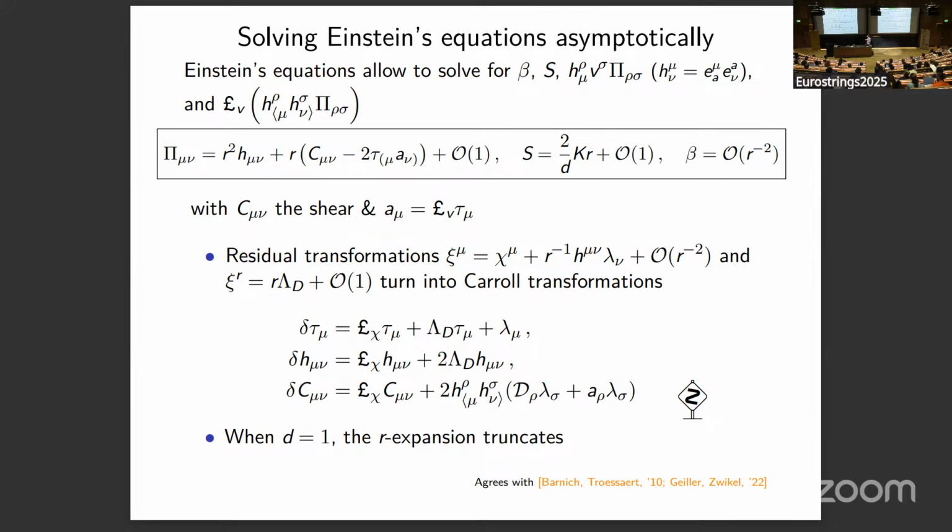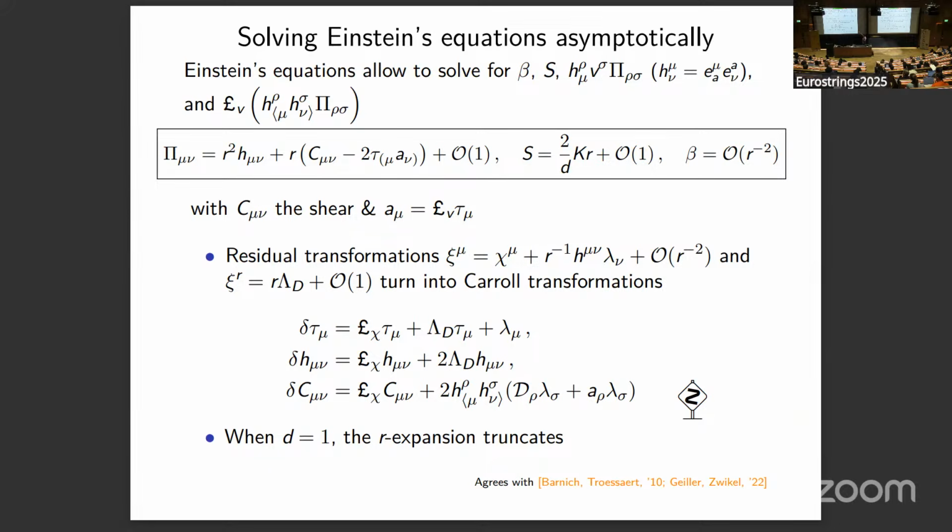But we'll get there. The last thing on this slide is just an explicit identification of the residual transformations with the Carrollian symmetries I showed you on the first slide. So the residual diffeomorphisms look like this, where in particular the radial component of these become the Weyl transformations I showed you on the previous slide.